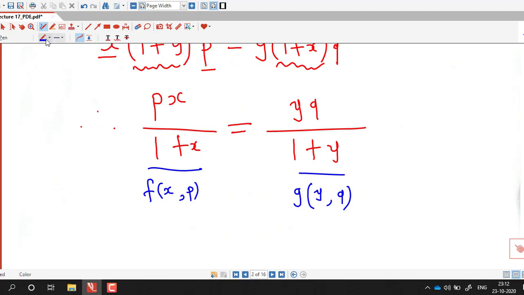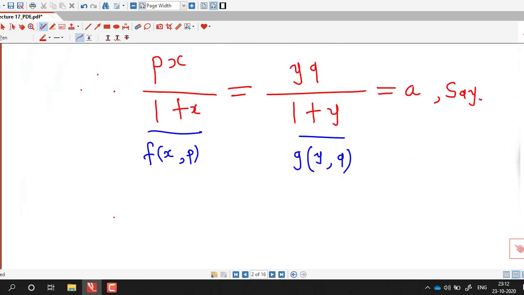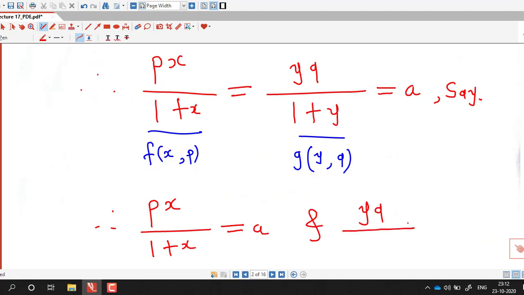So what we will do is, we will assume that both are equal to, say, constant a. Then we will have both equal to a. We have px upon 1 plus x equal to a, and also y into q over 1 plus y equals a.